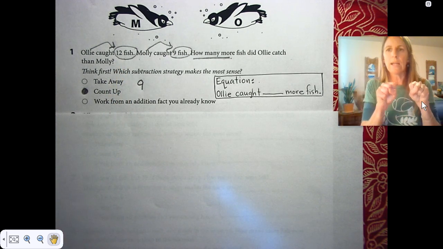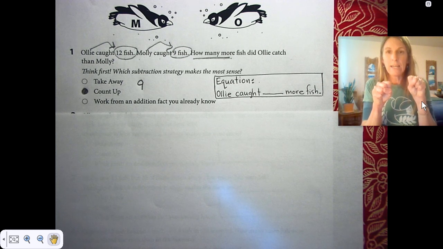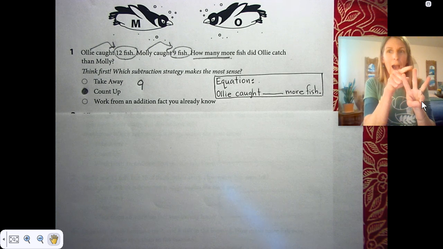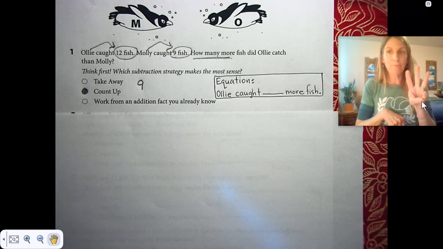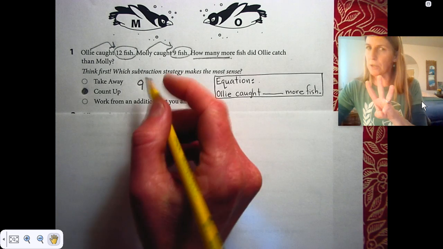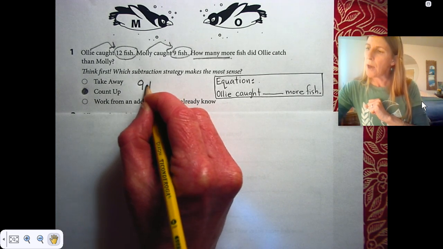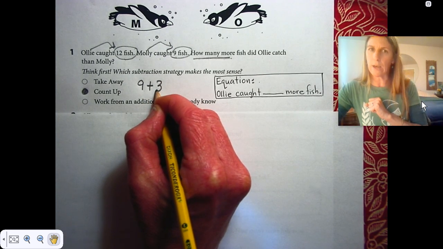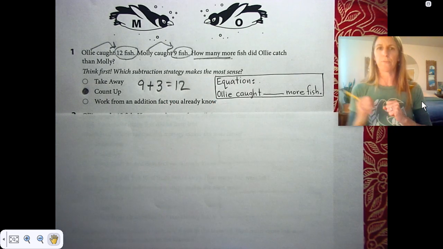Okay, so 9, I'm thinking 9, 10, 11, 12. How many more to get to 12? 3. So I think I'm going to write it like this. 9 plus 3 more, if I count it up, would get me to 12.